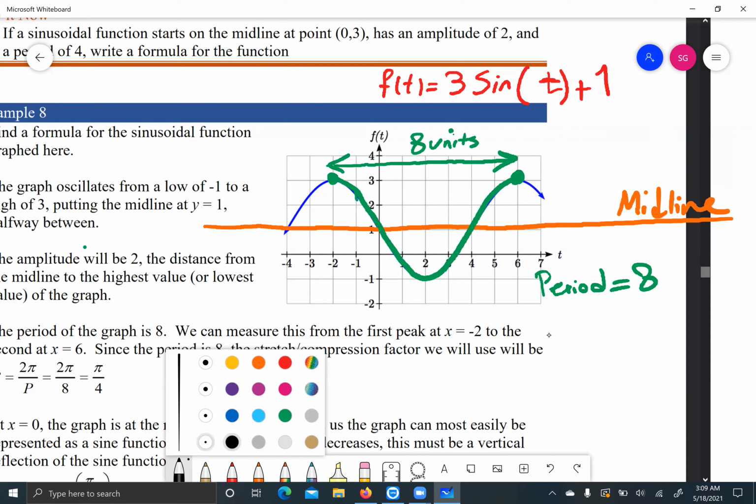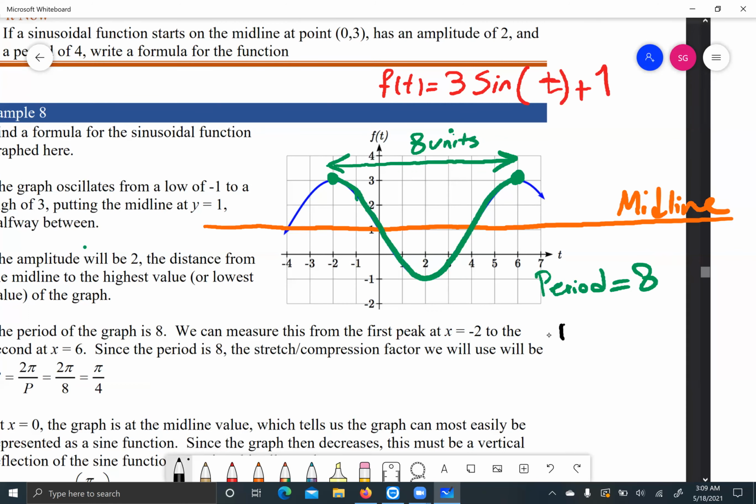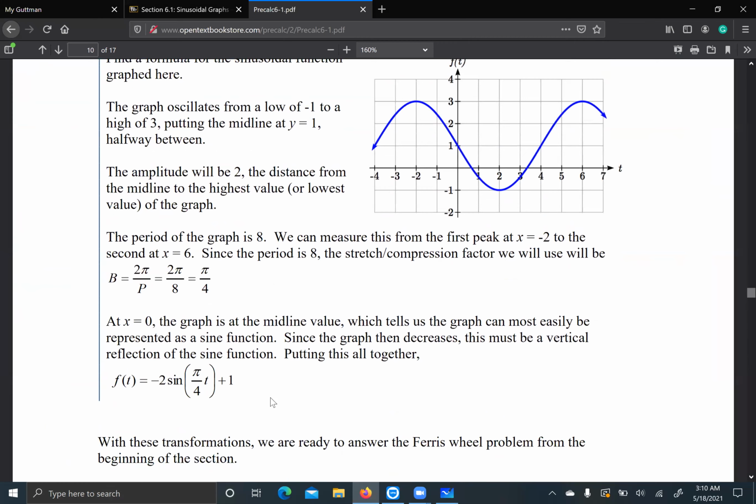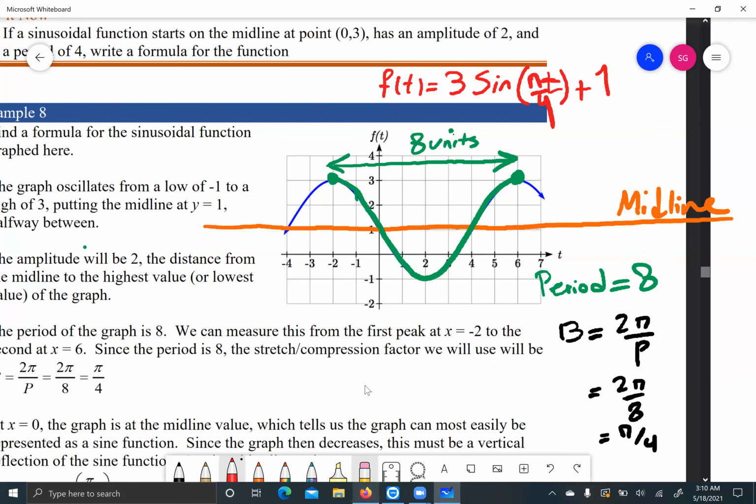So now we can solve for B. B is 2 pi divided by P. So it's 2 pi divided by 8, which is pi over 4. Okay, so 3 sine of pi over 4 t. So that's the function. Oh, why did I say 3? I'm sorry. The amplitude is 2.